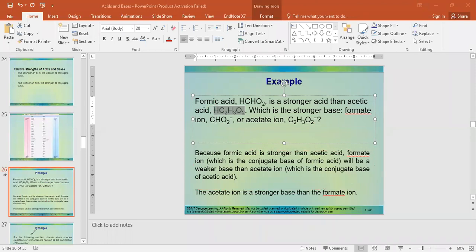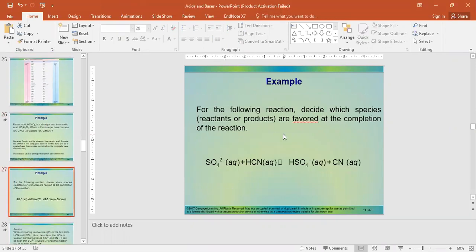Another example that we can give: look at this. For the following reaction, decide which side is favored. This one is coming earlier because here we judge which side a reaction is likely to move depending on the strength of the base or the acid. The general statement, which will come also later, is that the preferred direction of reaction is the one that produces the weak substances, the weak acid and the weak base.